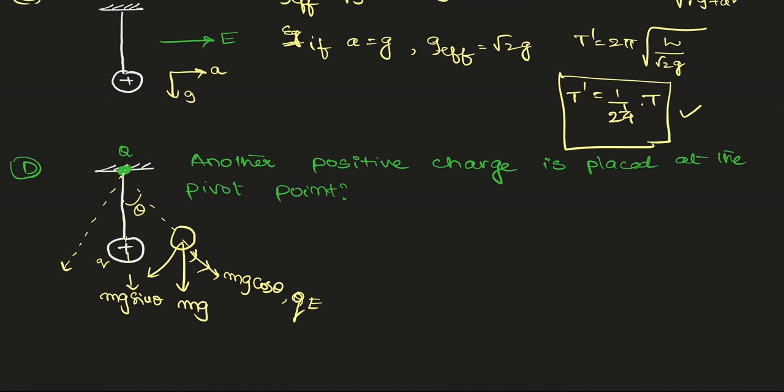Then who is responsible for the charged particle to move towards equilibrium? mg sin theta, that is our tangential force. So this field due to this charge is not affecting the tangential force, and hence time period will not change.